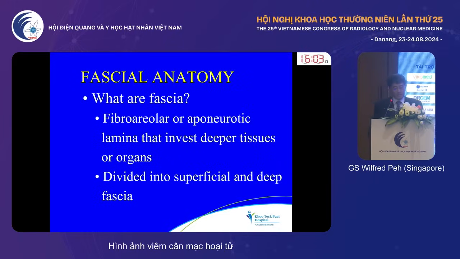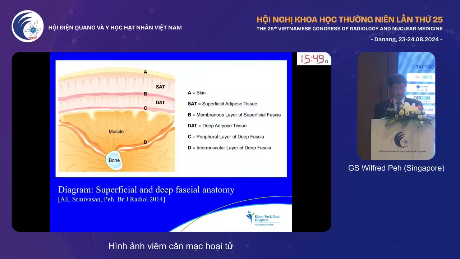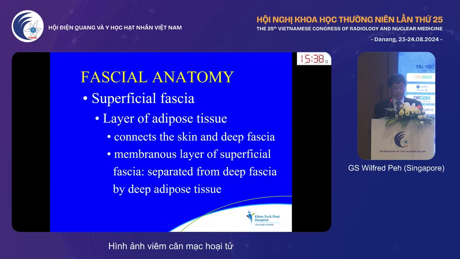In my next few talks, I will talk about the anatomy of the fascia. The fascia anatomy can be divided into superficial and deep fascia. This is a diagram from one of our publications showing a cross-sectional image of the fascia from skin to bone. Starting with the superficial fascia, this refers to the layer of adipose tissue which connects the skin to the deep fascia.